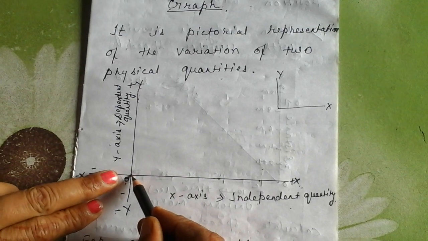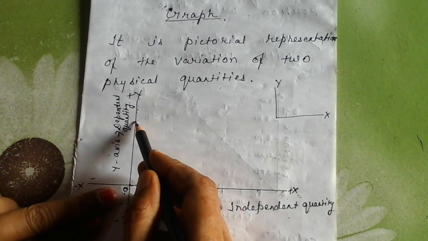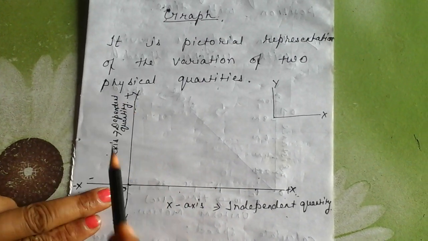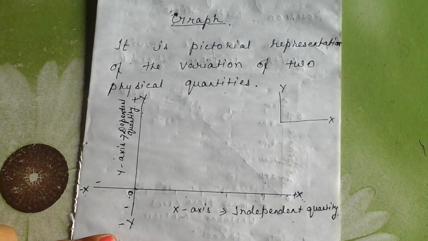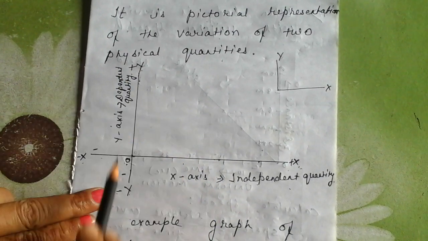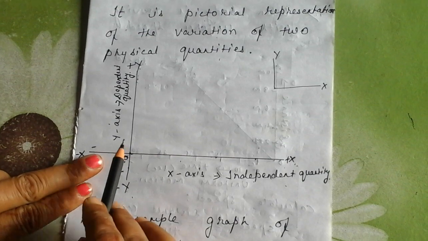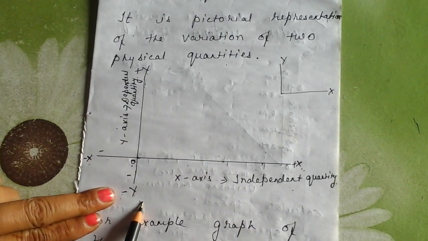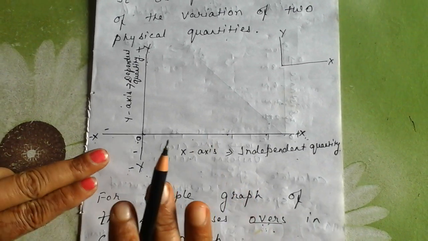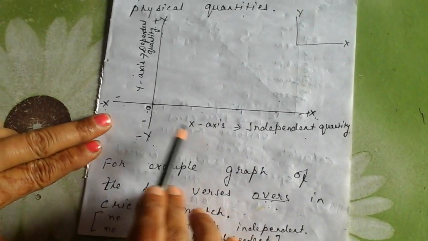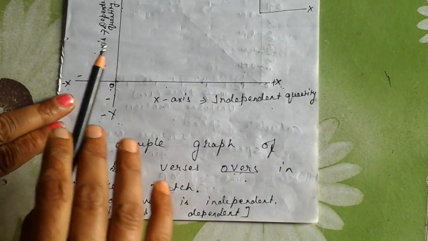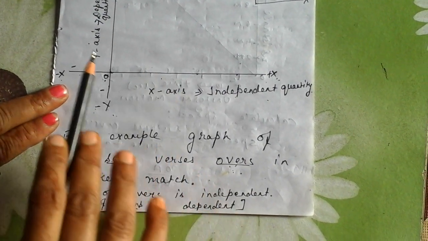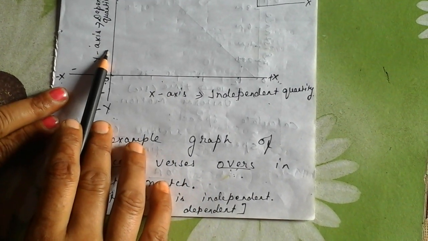If you go just above the origin, you will get positive y-axis, and if you go below the origin, you will get negative y-axis. Now the thing is how we choose the scale, which one will be x-axis and which one will be y-axis.